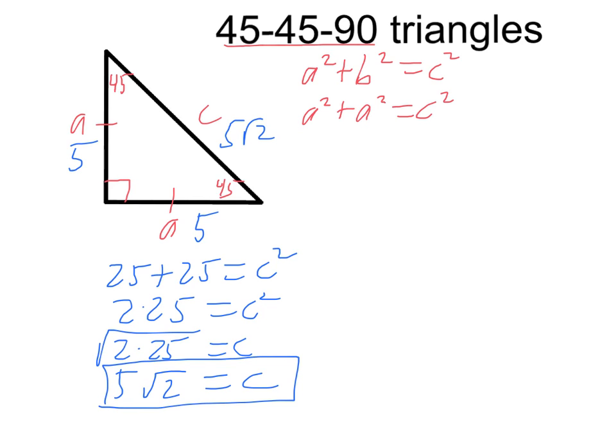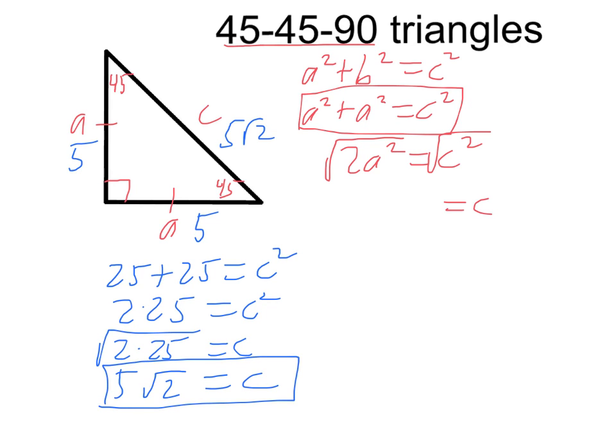Well, an interesting thing happens. Let's go back and look at the general form here. If I solve this equation for c, I have a squared plus a squared, that's 2a squared, equals c squared. And if I take the square root of both sides of that equation, watch what happens.